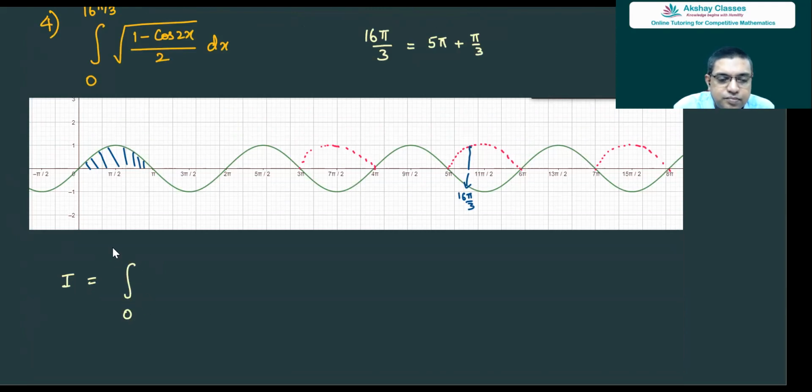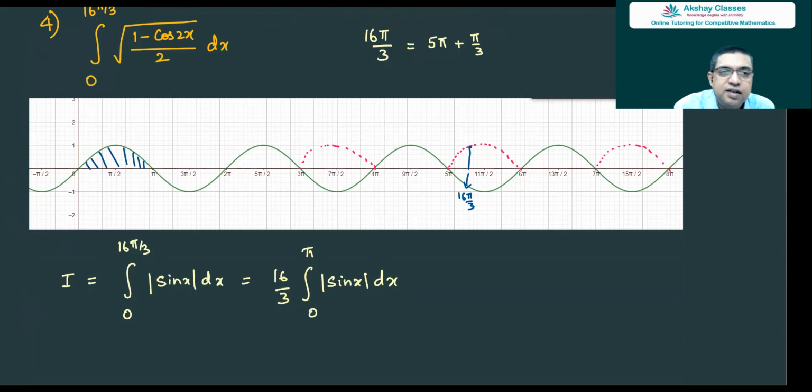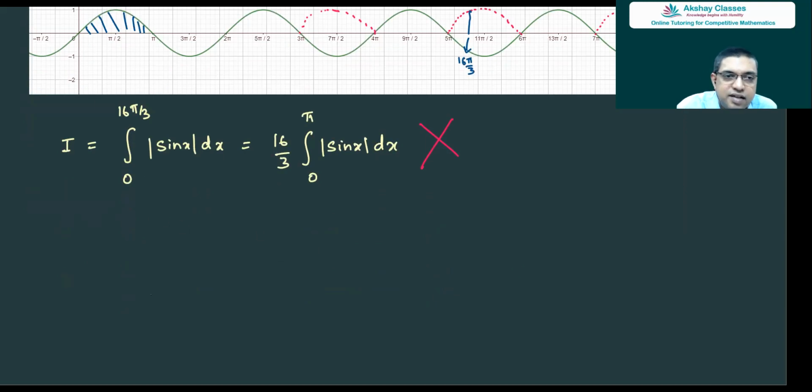Integral 0 to 16 pi by 3, this is mod sin x. What you have done is 16 by 3 into integral 0 to pi mod sin x dx. This is what you have written. This step is wrong.